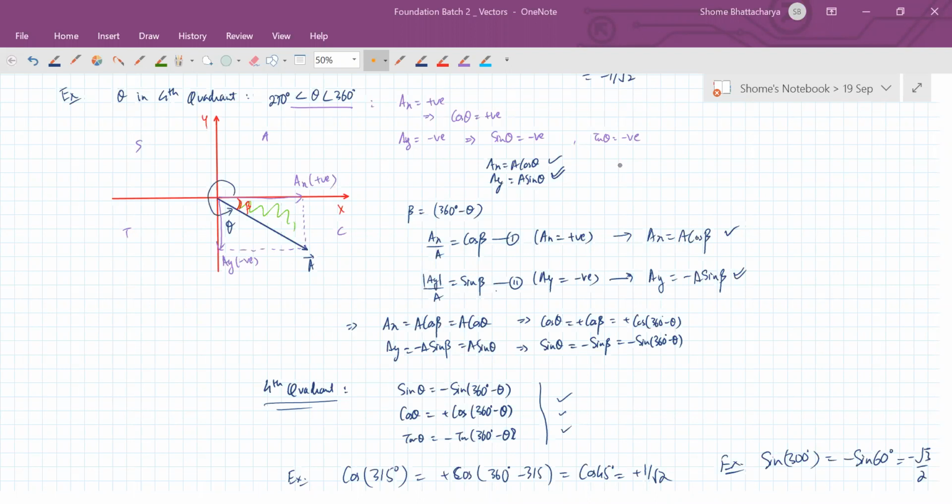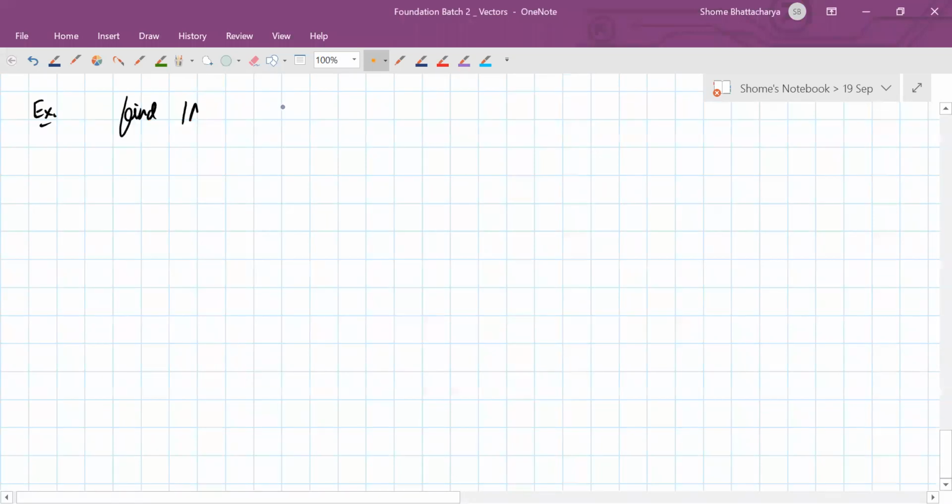Okay, practice of actual vectors questions. So this is a direct application of what we learned. The magnitude of the vector and theta, the angle of vector A with respect to the x-axis. Okay.